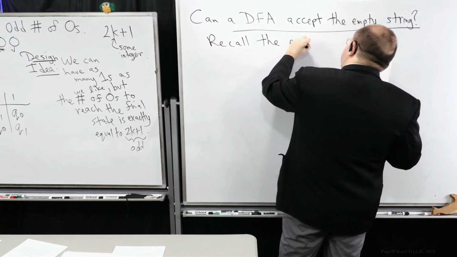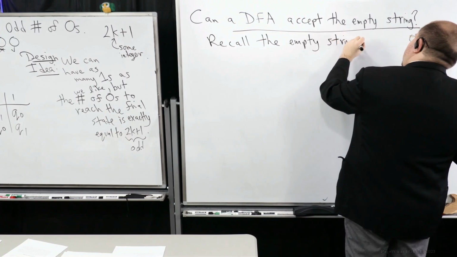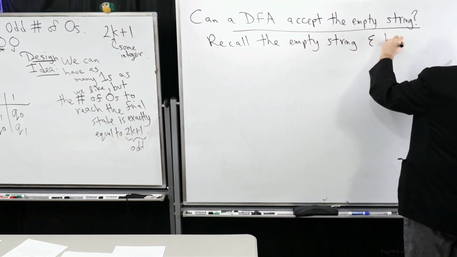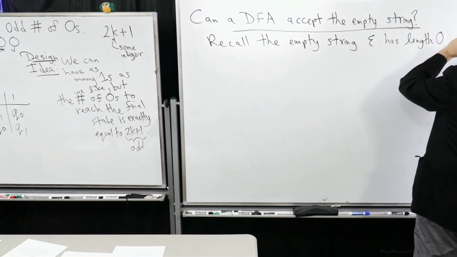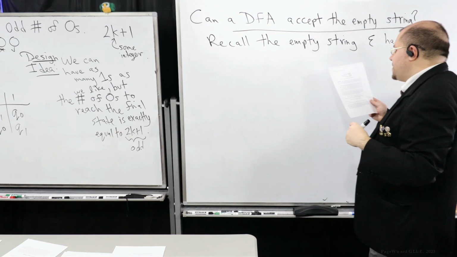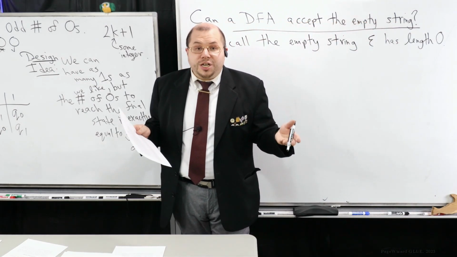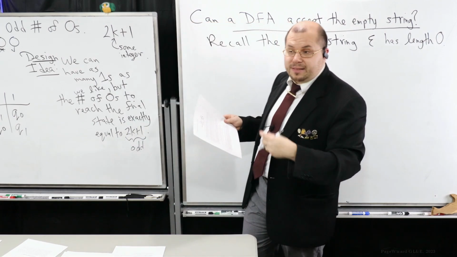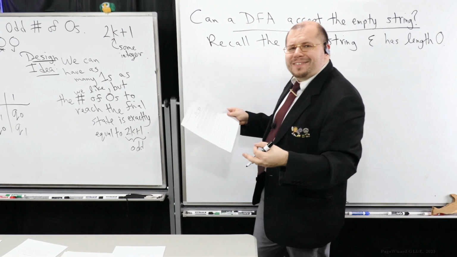the empty string epsilon has length 0. But remember, a DFA will either accept or reject upon reading its input. But this string has length 0. So what does it do then?